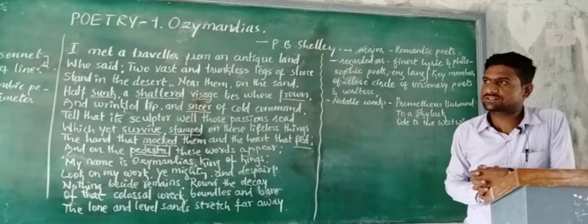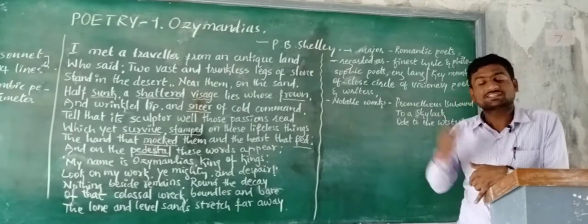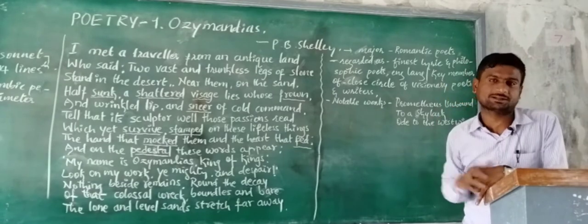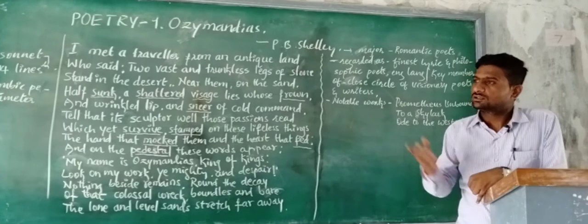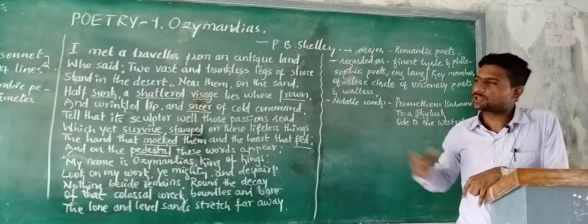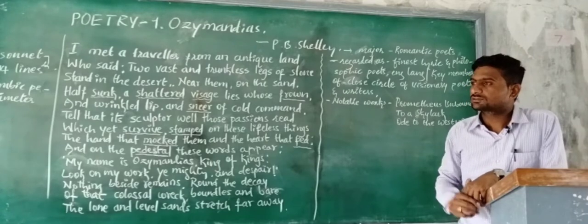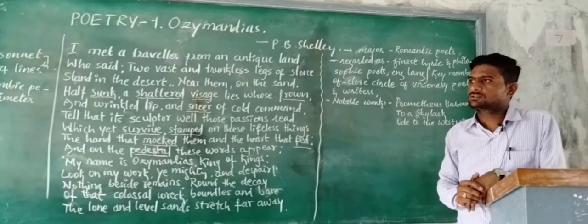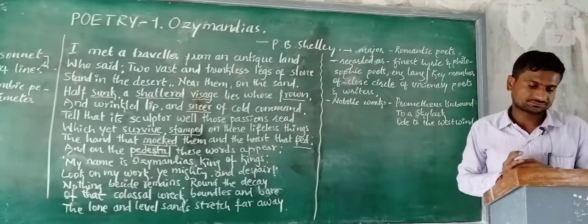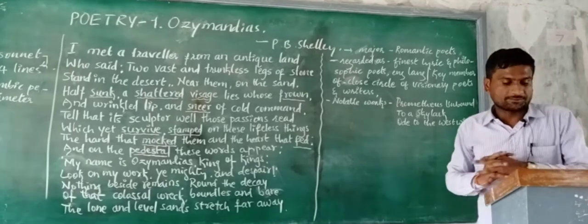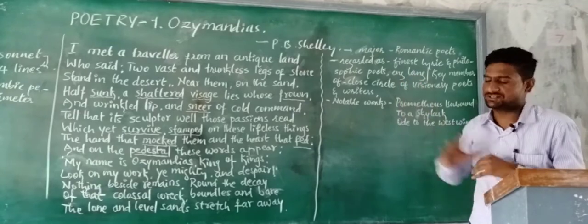See, my dear students, the poet in this poetry meets a traveler, and the other lines of this poetry are the conversation of the poet and the traveler. The traveler had been from an antique land.